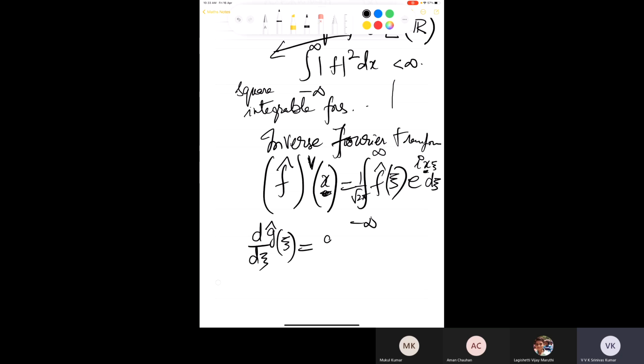Do the differentiation with respect to xi of this integral, 1 by square root of 2 pi, exponential minus i xi x dx. I can take the derivative inside because these are well defined integrable functions.